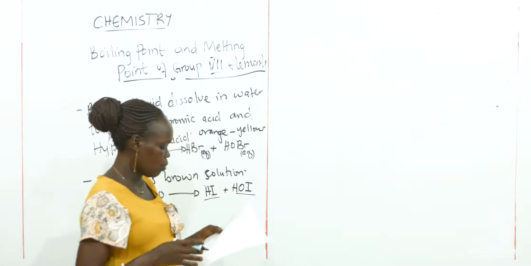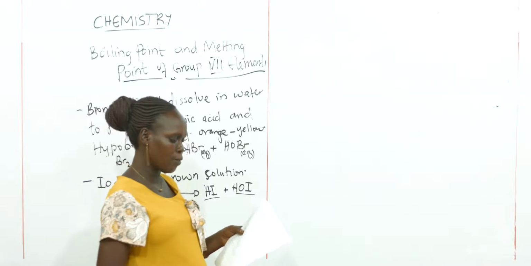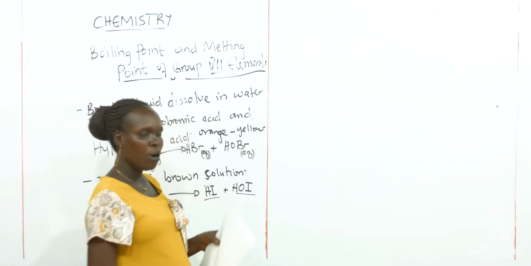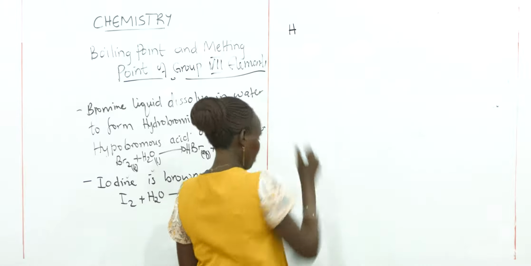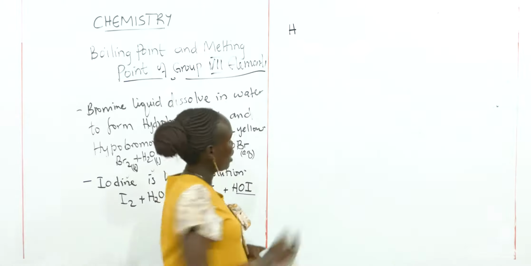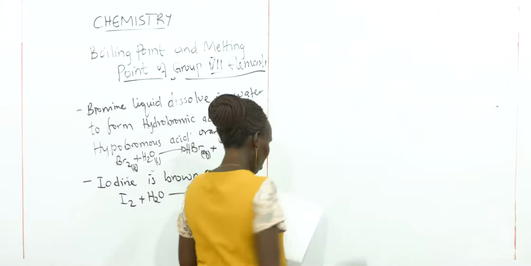So in this case, fluorine, when it reacted with the water, formed hydrofluoric acid and also oxygen gas. The difference here is fluorine is highly reactive, so when it reacted with the water, it will form one of the products as oxygen.